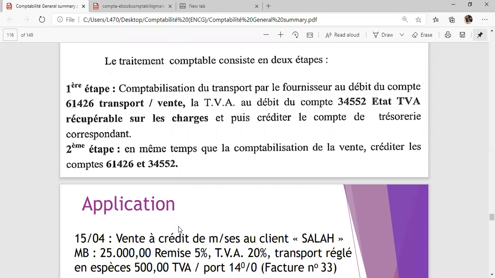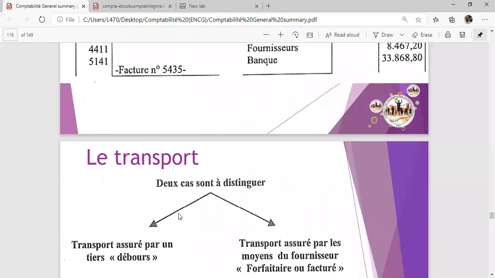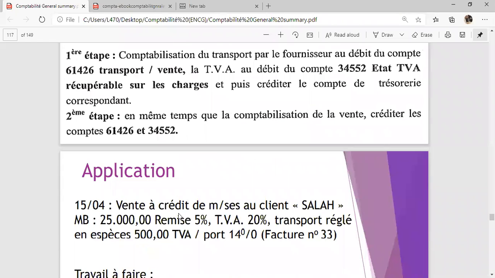Like we looked at previously, where we said transport and électricité, they are charged at 14%. We have transport, électricité, assurance. They are charged at 14% TVA. This is the 14% they meant above.